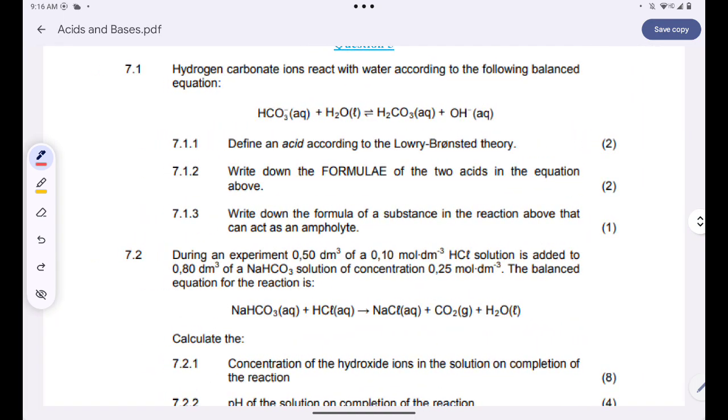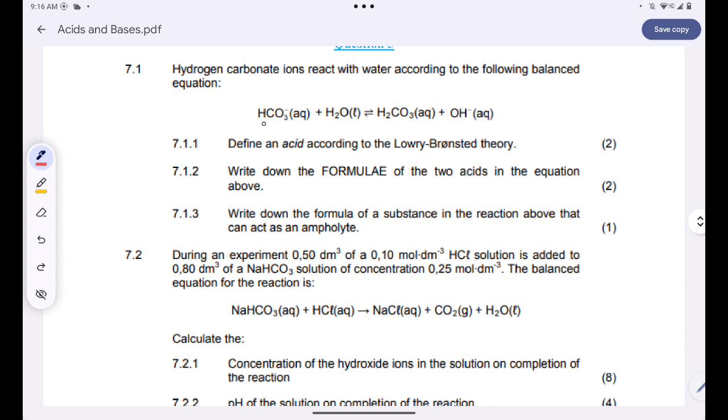Let's focus on the forward reaction first, guys. HCO3 minus will later become H2CO3. That means HCO3 minus has accepted a proton for it to become carbonic acid.